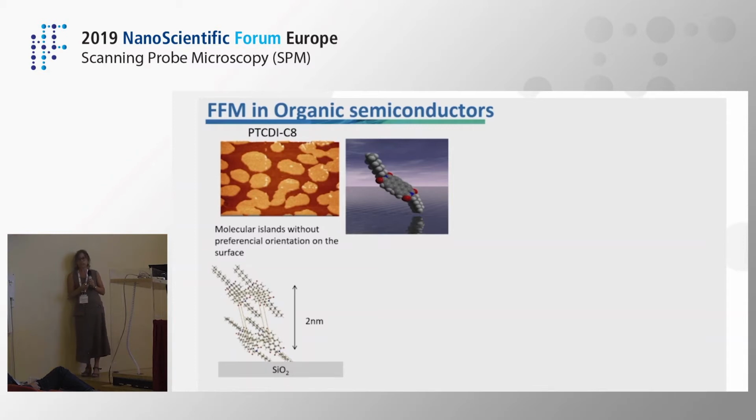And since what matters is the order and the crystalline quality of the layers on the dielectric, we study the nucleation and growth of the first layers on silicon dioxide. In this case you can see a submonolayer coverage. So the molecules assemble forming these islands which have a height of 2 nanometers. This corresponds to this orientation of the molecules on the surface.